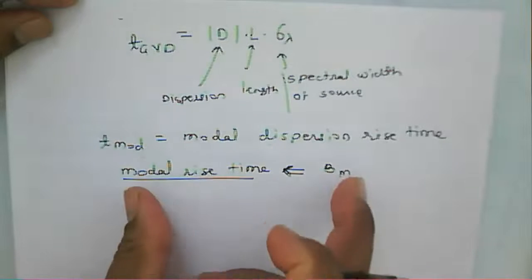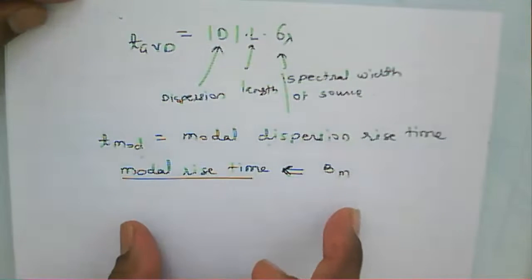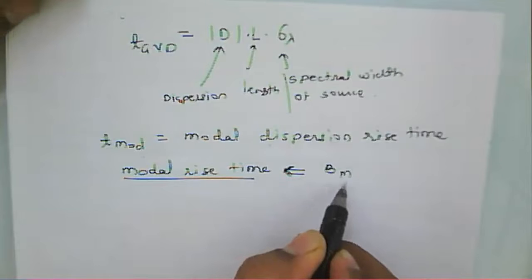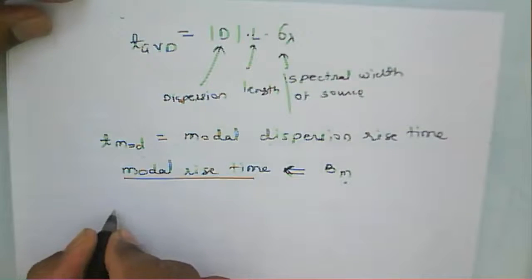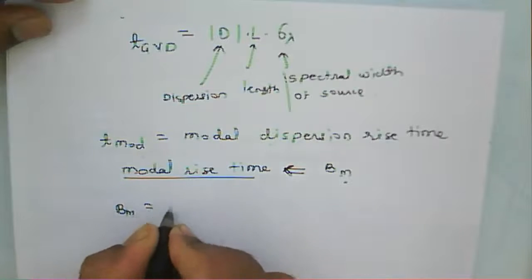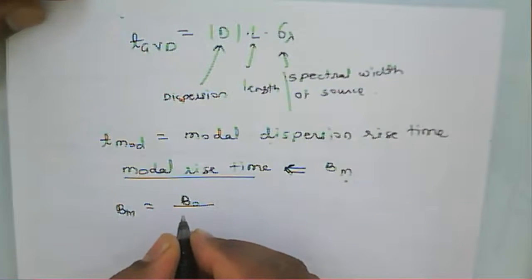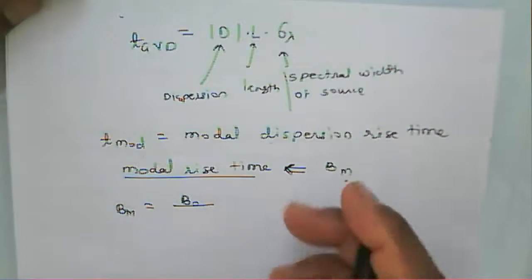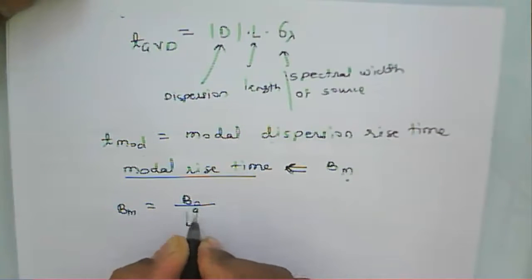So modal dispersion occurs, and because of that modal dispersion we get a bandwidth, Bm, and that can be expressed in terms of B0, which is the bandwidth of a 1 kilometer length of the fiber, times L raised to Q here.